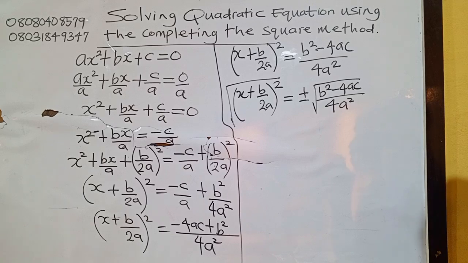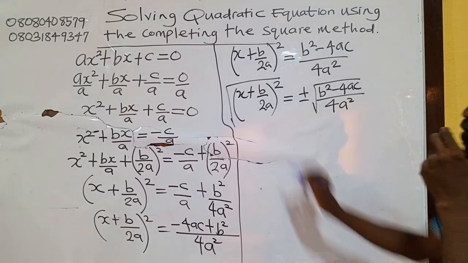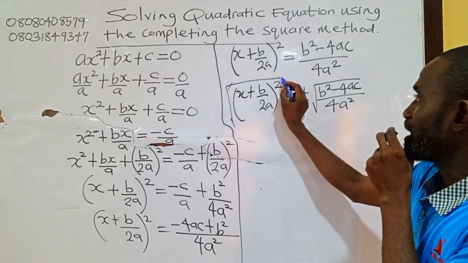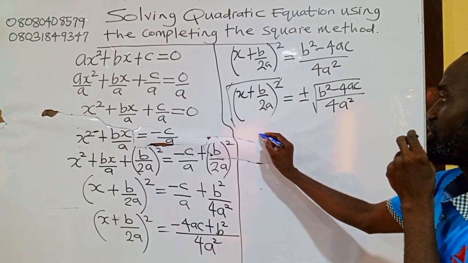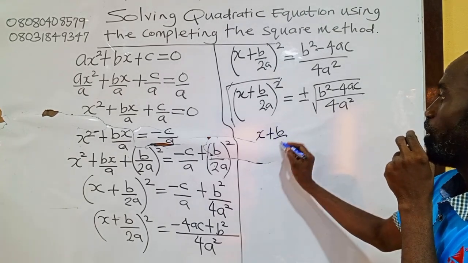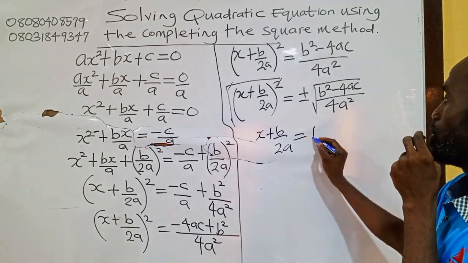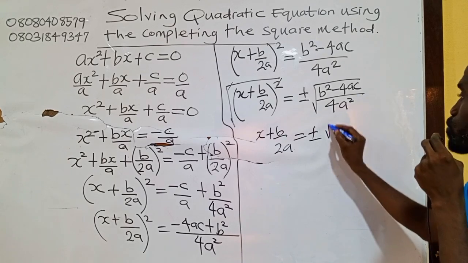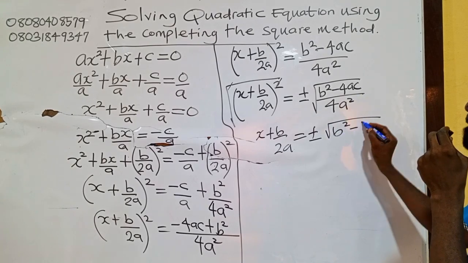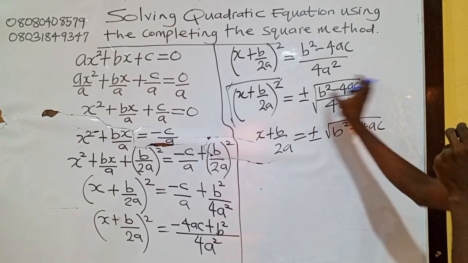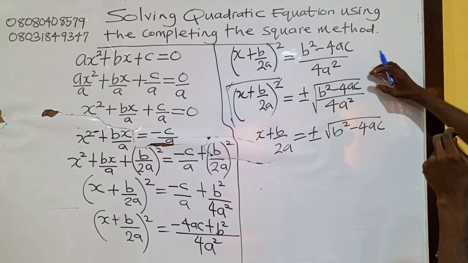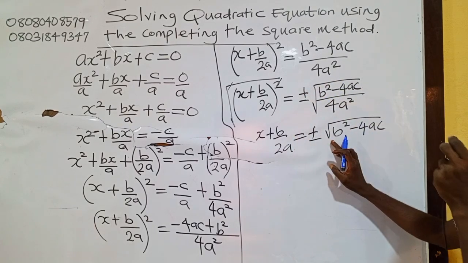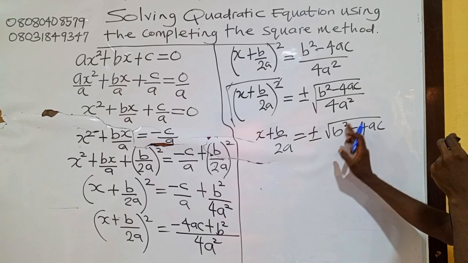So these roots here, we cancel out this square. Now we are having x plus b all over 2a equals plus or minus root of b squared minus 4ac. This one does not have a perfect root, that's why I have to write it again. Root of b squared minus 4ac.